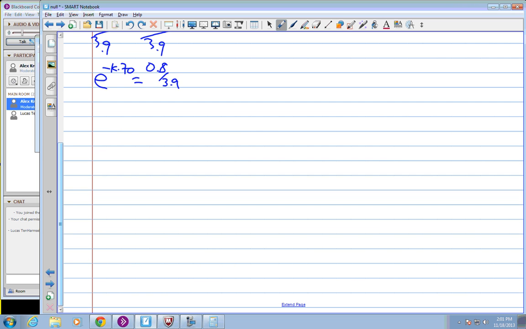So it becomes negative 70k equals natural log of 0.8 over 3.9. And then divide by negative 70, so k equals natural log of 0.8 over 3.9, over negative 70.